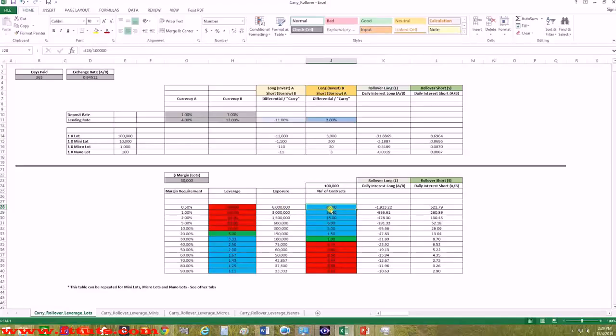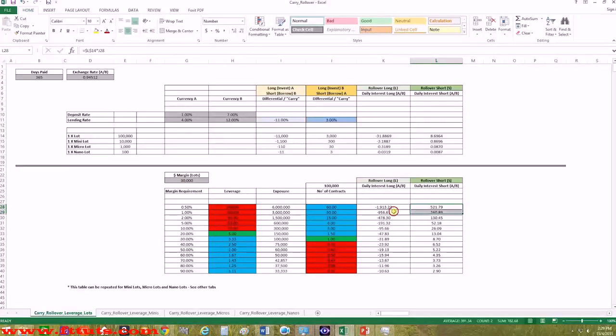That tells us how many contracts we're looking to trade. And we can see that if we went long the currency pair AB in our trading account, this is how much we'd be paying out per day in dollar terms. But if we did the opposite and went short the currency pair AB, this is what we'd be receiving.